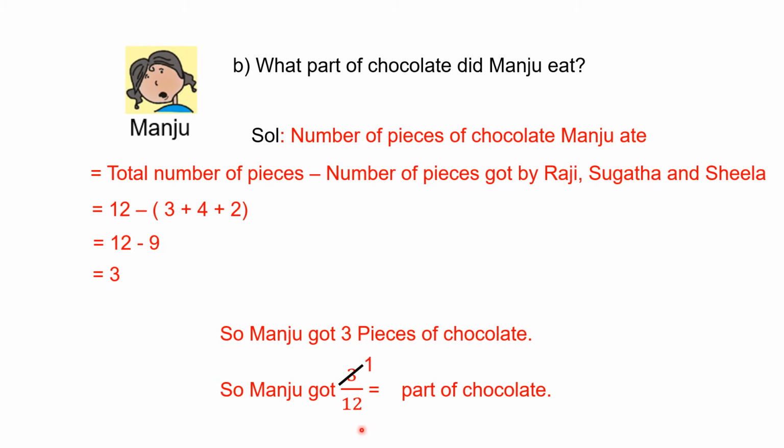Let us divide by 3. 3 ones are 3. 3 fours are 12. We are dividing the numerator and the denominator by the same number 3. So Manju got 1/4 part of chocolate.